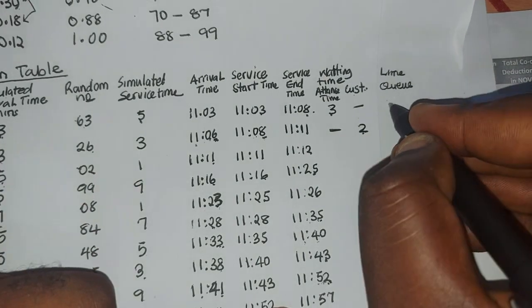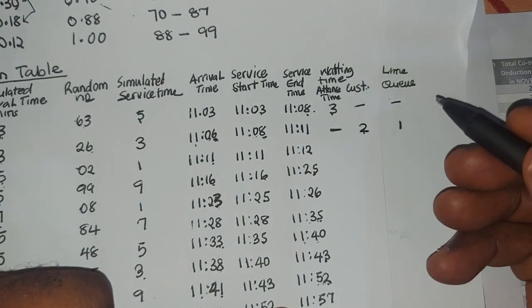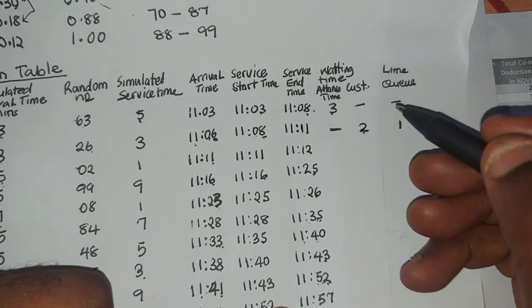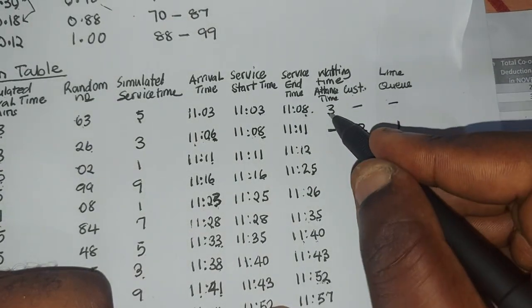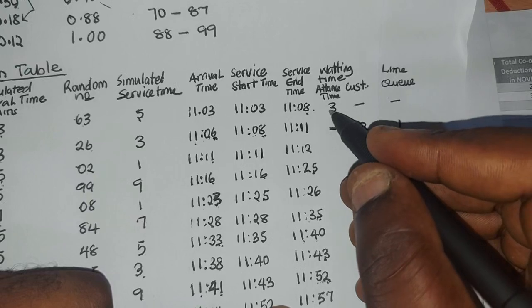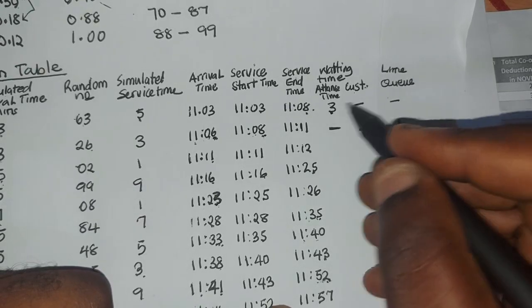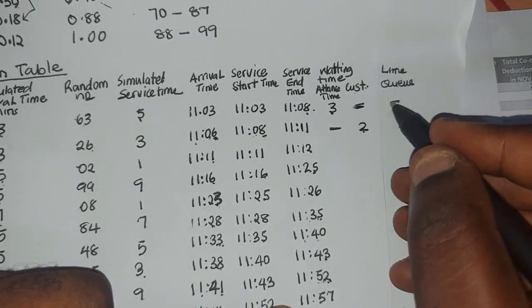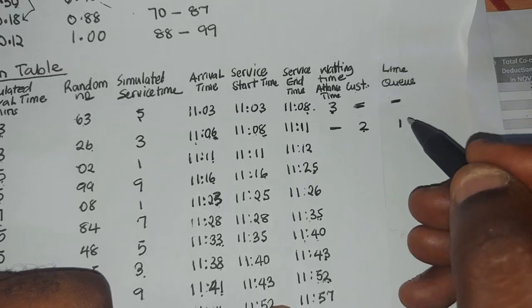Okay, no customer is waiting here. It was even the attendance that is waiting. He waited for 3 minutes. The customer came 3 minutes after 11. So nobody in queue, no customer in queue.